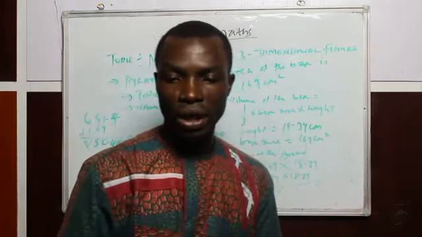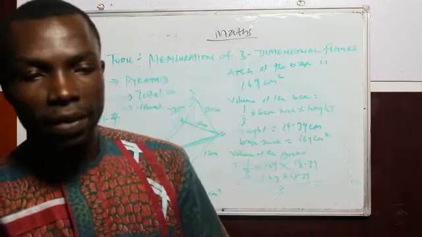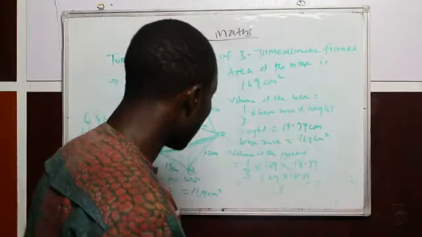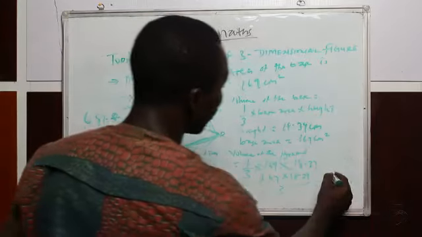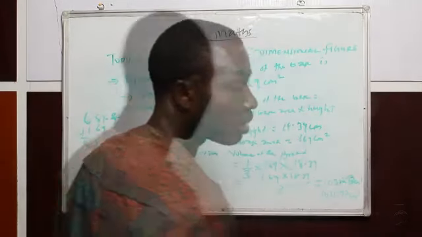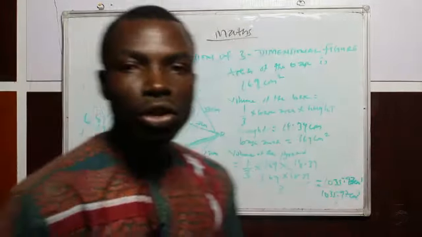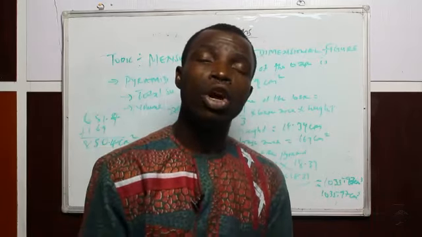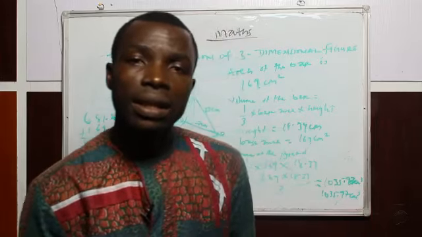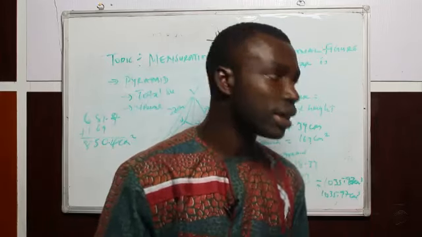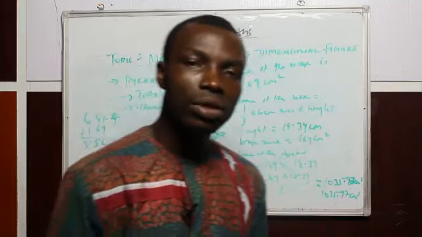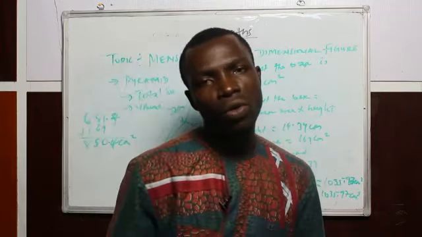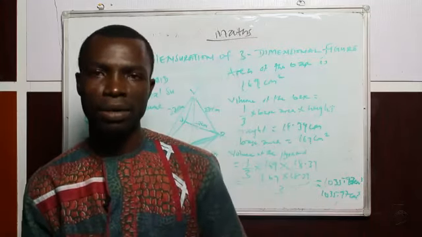Absolutely correct. When you use your calculator, you get the right answer. That will give us cubic centimeter. So check your calculator. The answer to it is 1035.97 cubic centimeter. That is the volume of the square base pyramid.